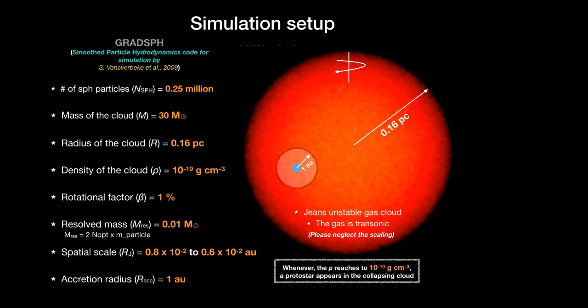Just remember one of the slides that I mentioned in which the thermodynamical evolution was discussed. Initially, the gas is going to collapse in an isothermal phase. But when the density reaches a specific value, it becomes an adiabatic collapse. That particular density we regard as the critical density.